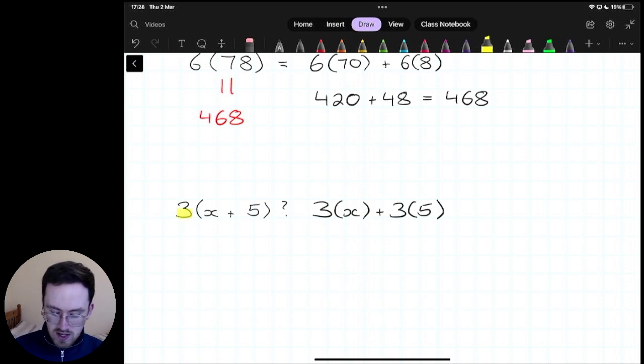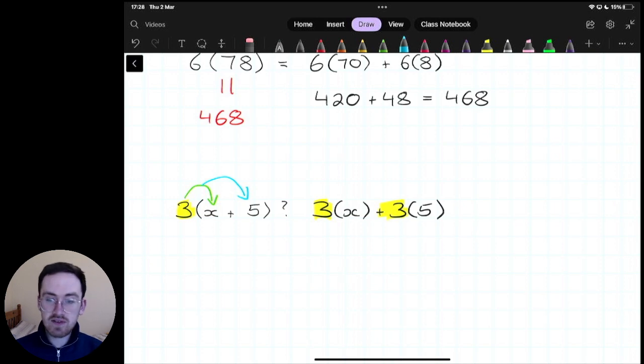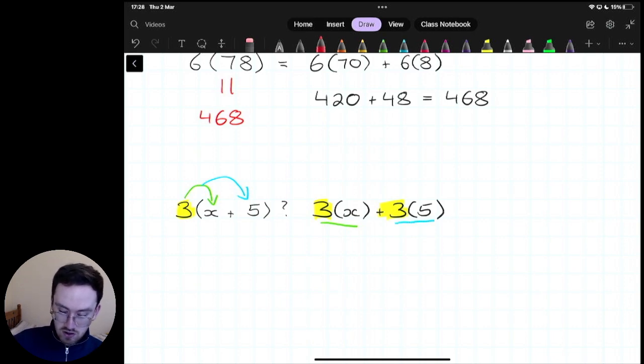Well, the 3 is the number in front, and because we're trying to distribute that multiplication across, what we're trying to get at is that we do 3 multiplied by x, and then we do 3 multiplied by 5. And that's what we're writing out here. Remember, brackets mean multiply, so what I have written here is just 3 multiplied by x and 3 multiplied by 5.